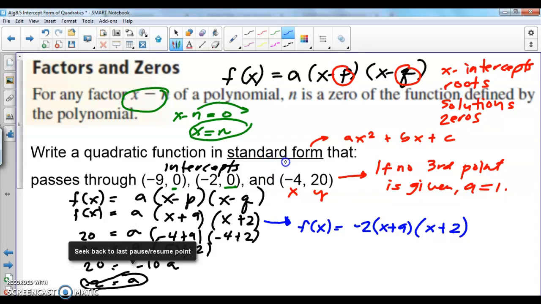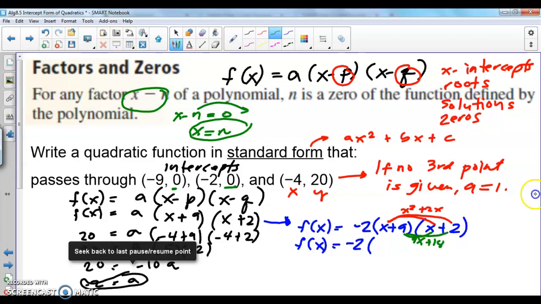So this is where your past lessons and chapters will be very useful. It means that you're going to rewrite this in another form. You can do your box method, your rainbow method, however you want it. So let's try this. Negative 2. I'm going to multiply this by x. So x times x is x squared. And then that's 2x, so x squared plus 2x. The one at the bottom will be 9x times 2, or plus 18.